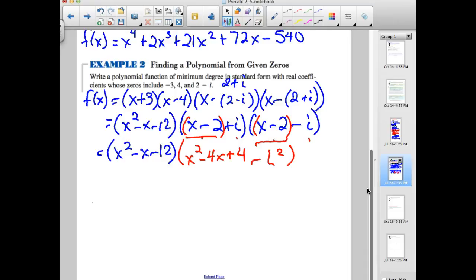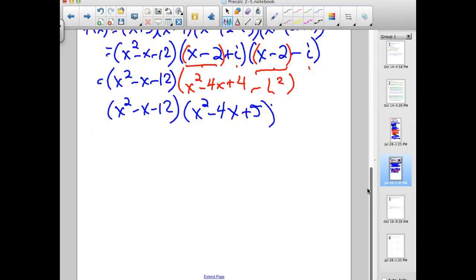Cleaning that piece up gives us x squared minus 4x. The i squared here is a negative 1 times the negative makes it a positive 1 plus the 4 makes this a 5. All right, and now we have to multiply those all together.